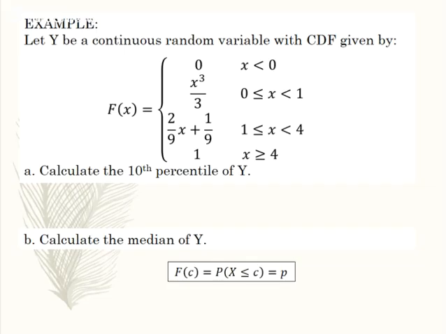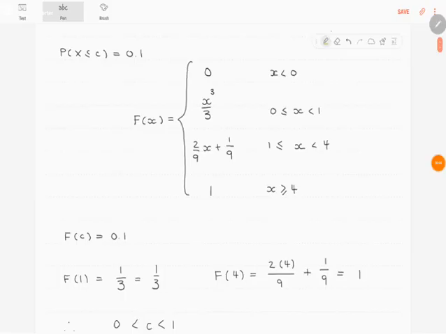So here we are given the CDF of x. We've been asked to find the 10th percentile. Let's have a look at how we do this. In other words, we want to find the value of c such that the area or the probability to the left of it is 0.1. So in this example, we've been given a CDF instead of a PDF.